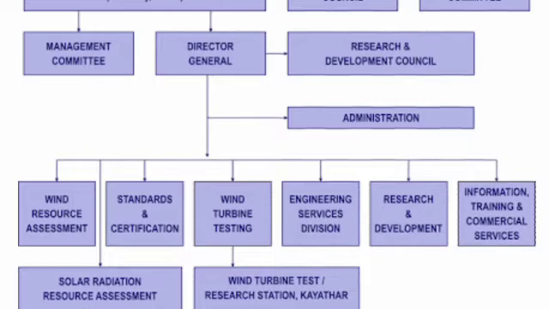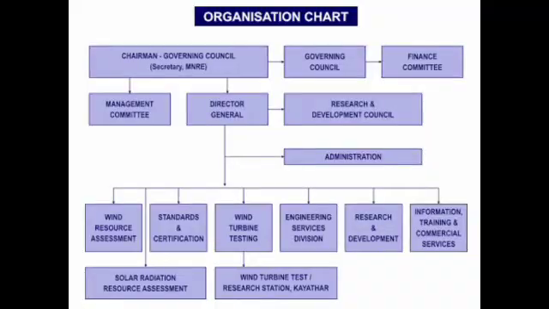Each department is allocated some work and they have some authorization and responsibilities. The wind turbine testing department has a research station, and one of the research stations is Kavatur. When you see this chart, you can know who has the highest authority and how many work functions there are, and how many works have to be done by each department. We have 7 departments, and each department reports their work to the director general.